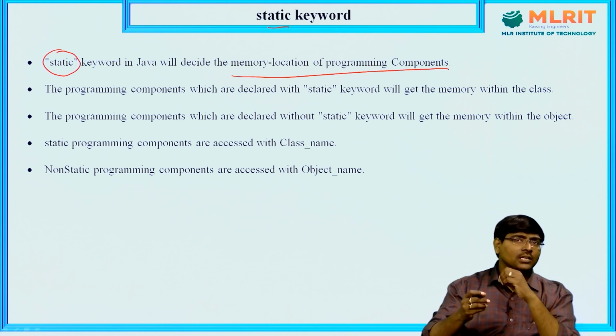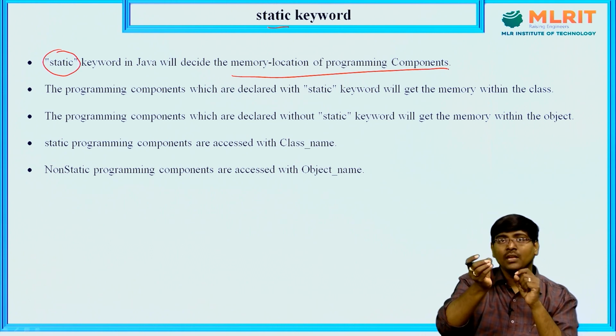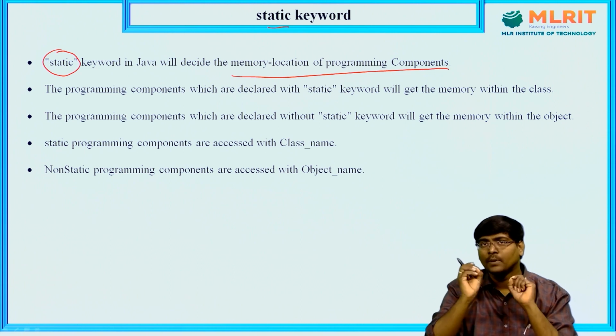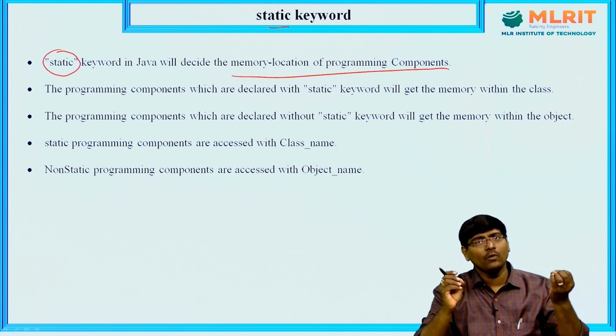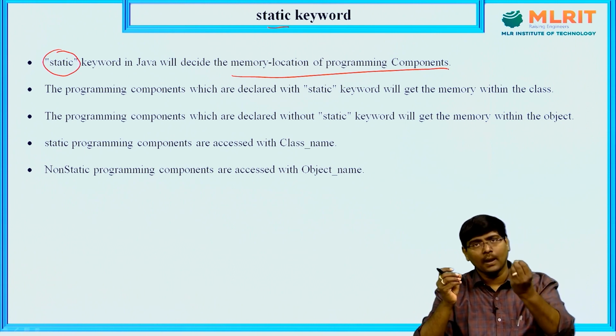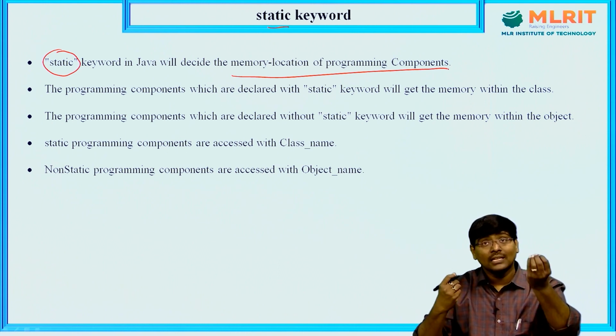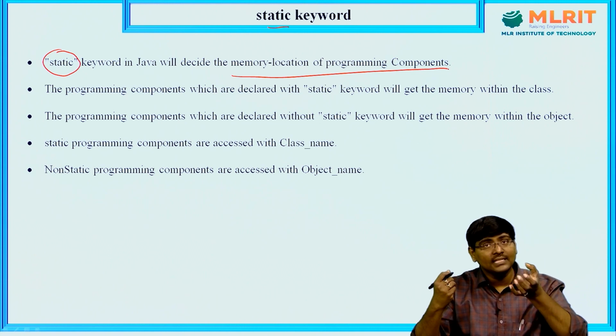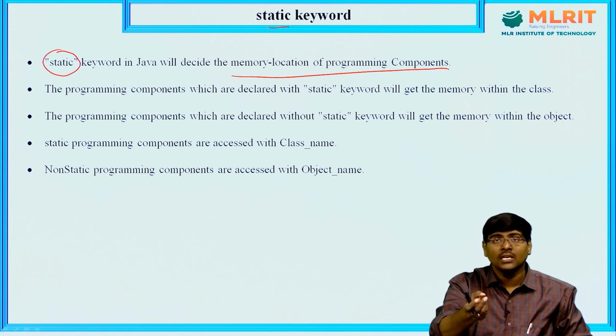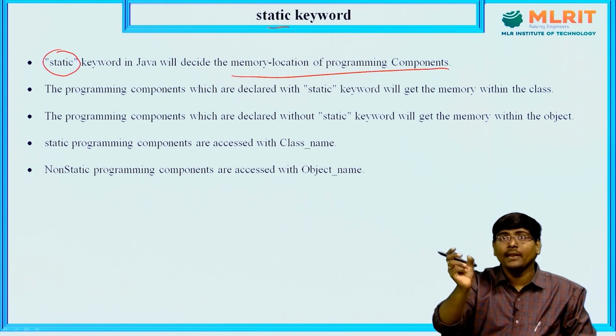In the last sessions, we discussed the JVM, Java Virtual Machine. That Java Virtual Machine takes the byte code and does the execution. Where does it store it? There are different memory partitions.